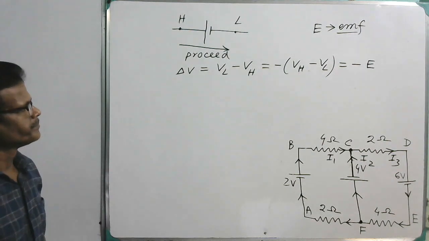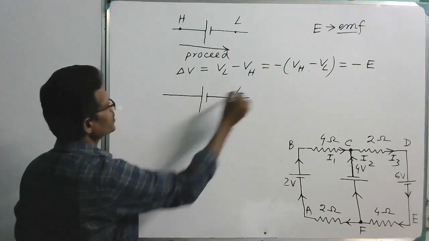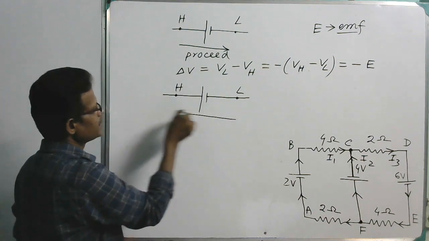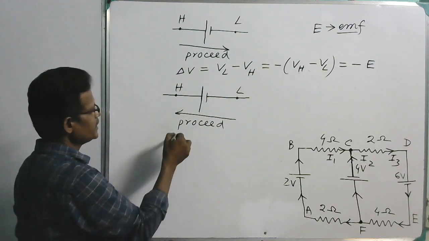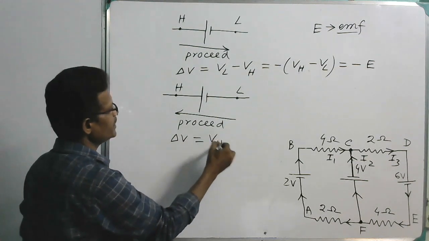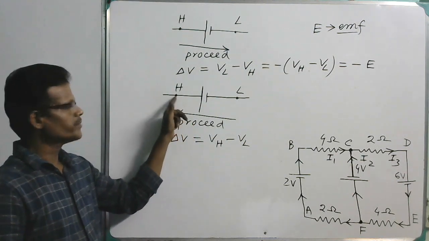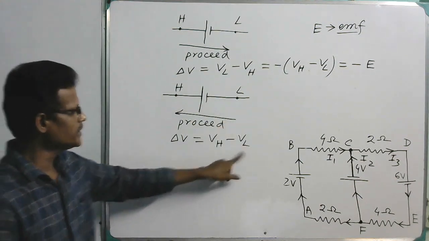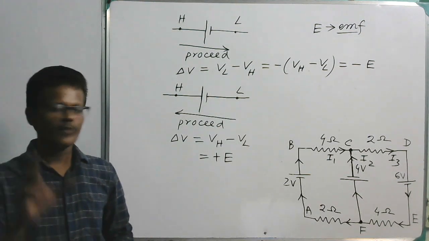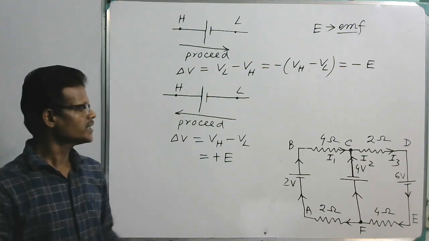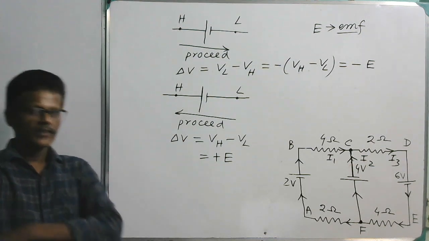If you proceed the opposite way, from lower to higher potential point, delta V is VH minus VL, final minus initial, so this is plus E. Now you have got 4 rules, 2 for resistance and 2 for electric cells. So please note it down.